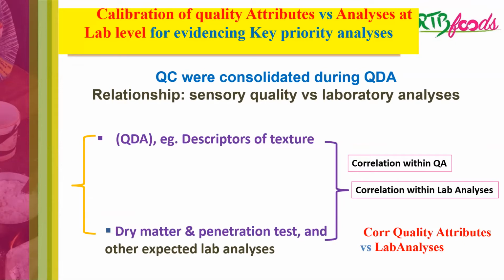What we can note here, we saw during the generation of quality attribute during sensory analysis that quality characteristic we have seen during survey were consolidated because we saw another over quality attributes, which is additional to the quality characteristics we already listed.